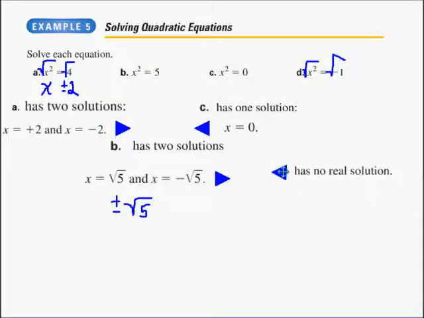There is no number that, when multiplied by itself, would give you a negative, because a negative times a negative would be a positive, so this particular question has no real solution. So the square root of a negative cannot be solved if the negative sign is on the inside and that is the only term.